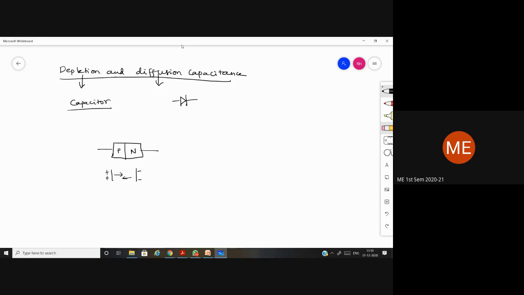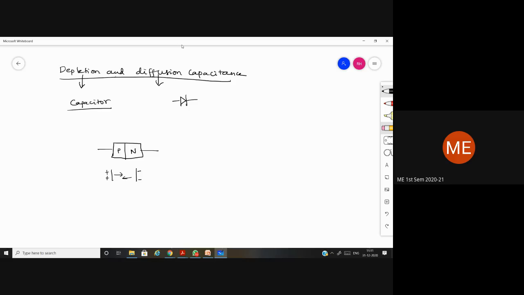In this case, the accumulation of the charges over the capacitor decreases. In the same way, in the diode also, the movement of the charges across the junction will be reduced. So this behavior of the diode is assumed to be the depletion capacitance. Okay, these are the two things you should know.